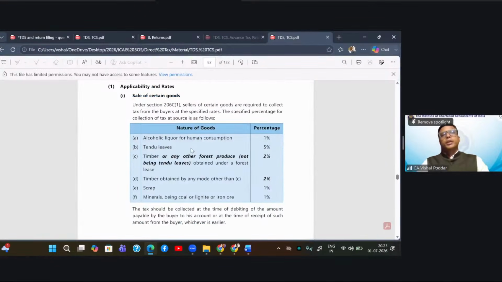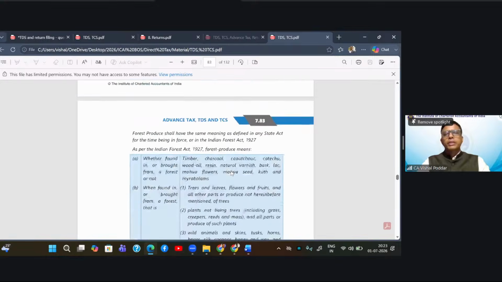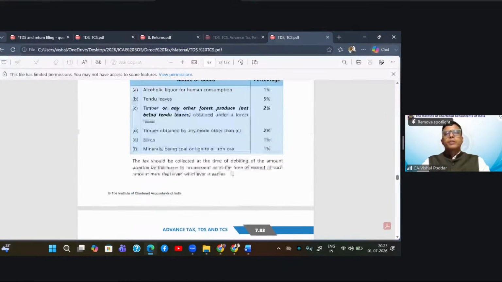Hmm. Now see, what is the rate of TCS? 5% general rule. But the problem is PAN is not given. Now, what is the rule in case of TCS if PAN is not given? So instead of 5, how much will you pay? You'll pay double, not 20% as in TDS. In TCS, it is double.